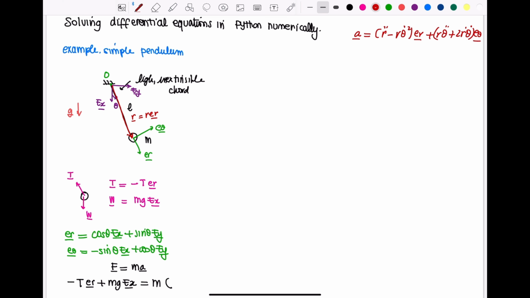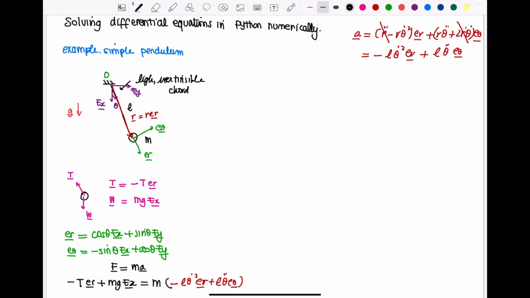In this case, this length is constant. So these two terms drop out and I'm left with minus L theta dot squared E_r plus L theta double dot E theta. So in the equation of motion, I'll get minus L theta dot squared E_r plus L theta double dot E theta.